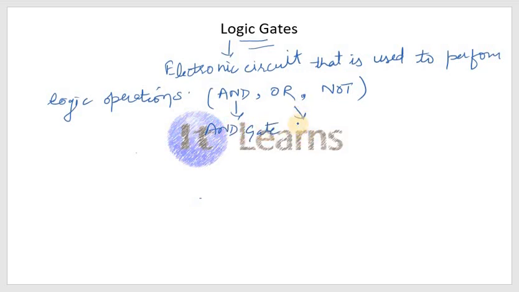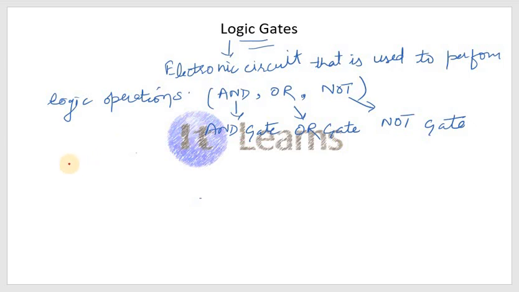A circuit performing an OR operation is an OR gate, and a circuit that performs a NOT operation is a NOT gate. So now we have seen what a logic gate is, where we use it, and what we can do with them.